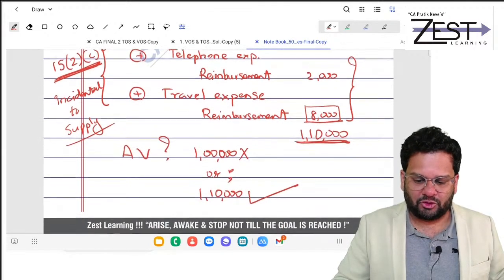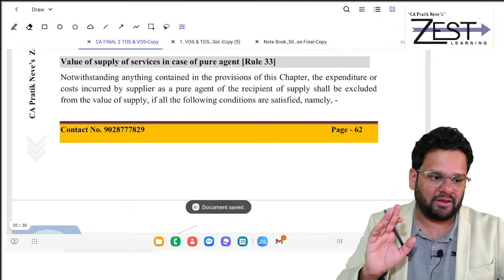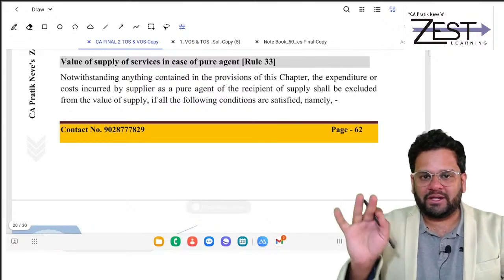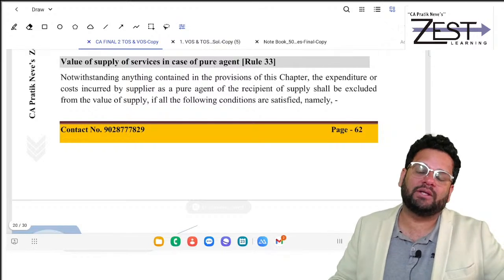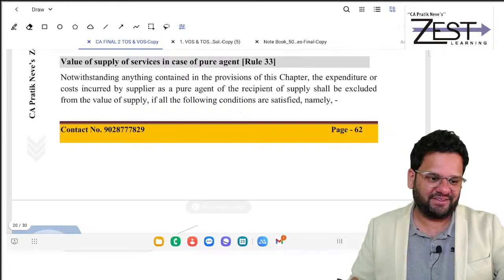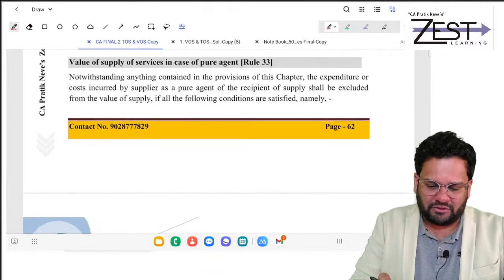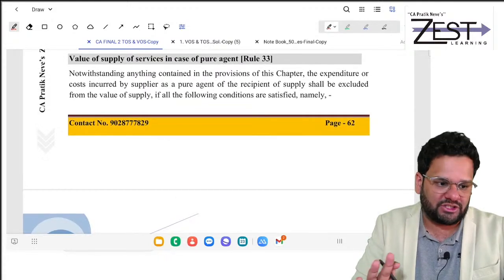Wonderful. So now I'll go and do the detailing of pure agent. Okay. Just focus. You will get opportunity of solving one detailed question on pure agent in this session itself. Okay. So see, check. Value of supply of services in case of pure agent.